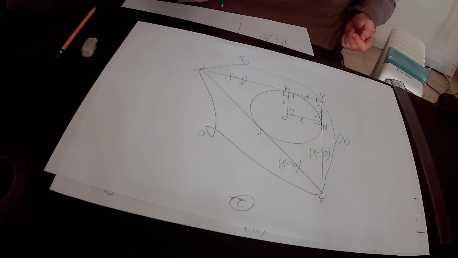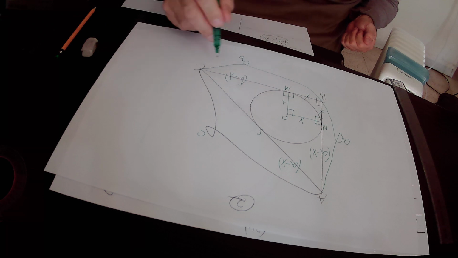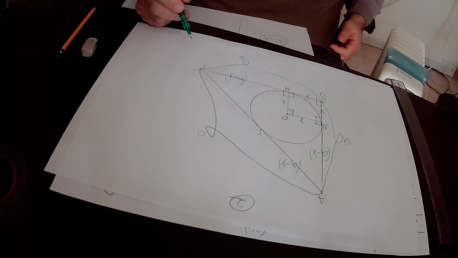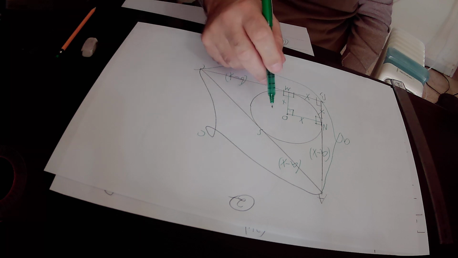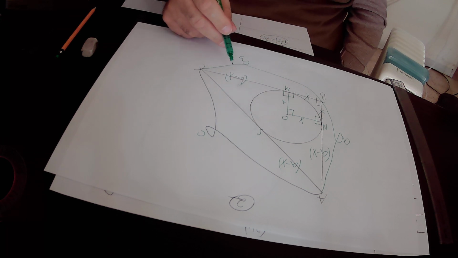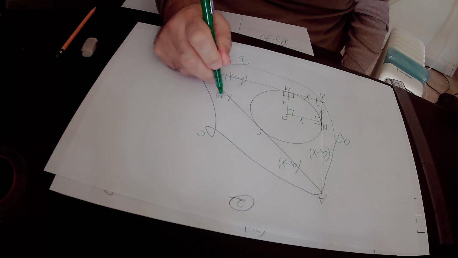Here we have rule number 2 again. From point C, we have two tangents to this circle, tangent CM and tangent CS. According to rule number 2, they must be equal to each other. That is to say, CM equals CS. But CM is B minus x, therefore CS must also be equal to B minus x.